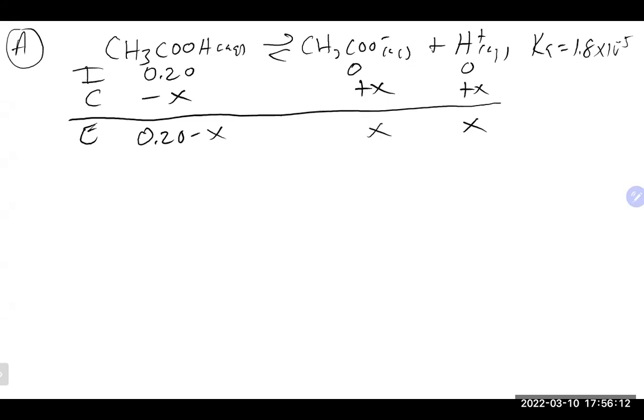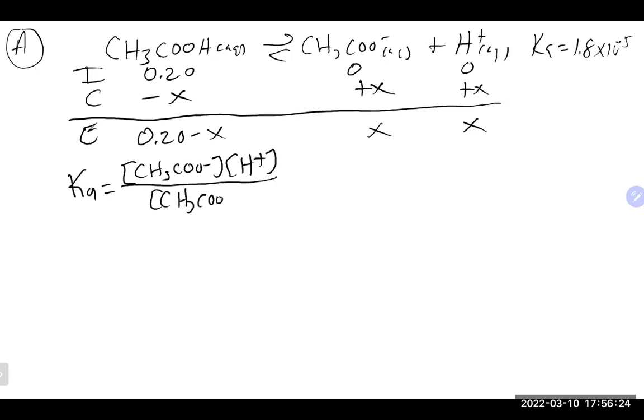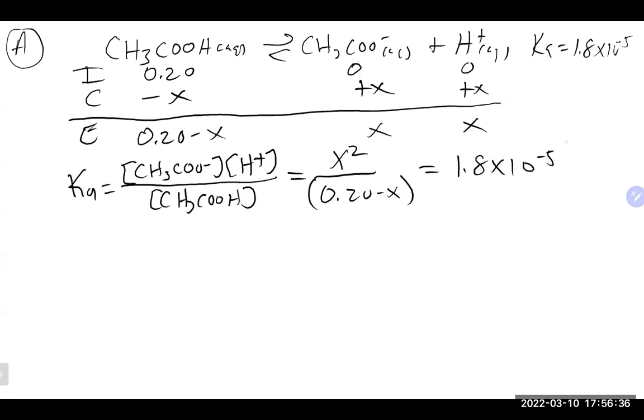All right, at this point, this will go into our Ka expression, which again should be our products divided by our reactants here. So putting in our numbers gives us x squared over 0.2 minus x equals 1.8 times 10 to the minus 5. Might as well take an assumption here.